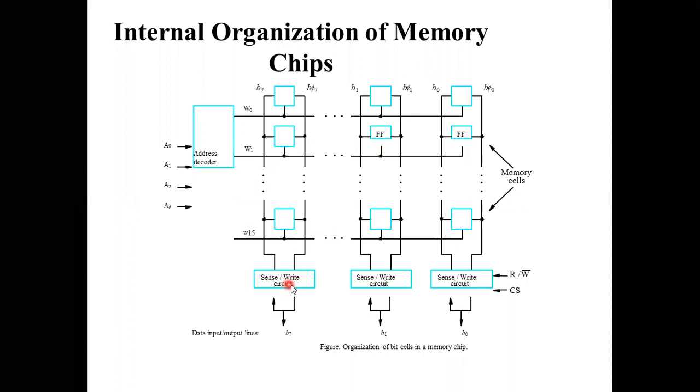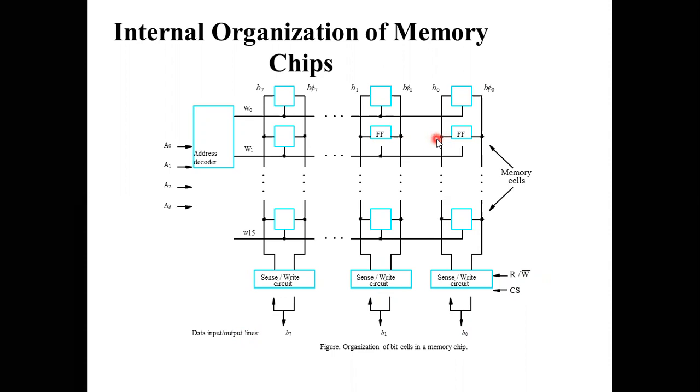These are the sense, or read and write, circuits, which you can use for writing or reading the value of these words. These are the read write options, and this is chip select. These are the bits B0, B1, B2, which are used for data input and output lines. And here you can see these are the flip flops, one bit cell.